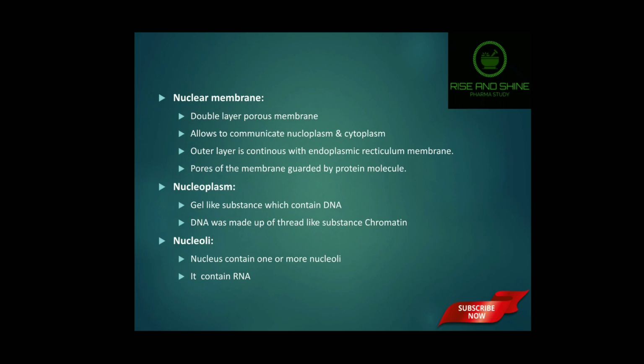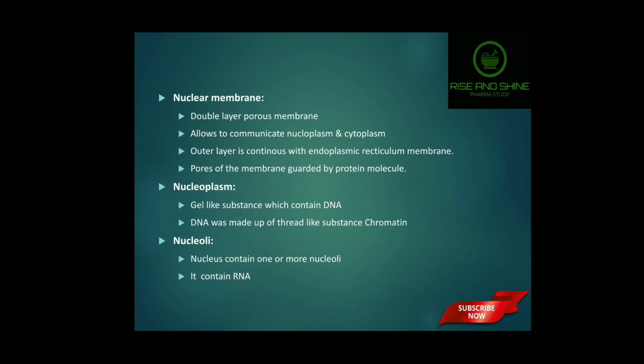It is a membrane which allows communication between the nucleoplasm and the cytoplasm. The outer layer of the nuclear membrane is continuous with the endoplasmic reticulum membrane, and the inner porous membrane is guarded by protein molecules.